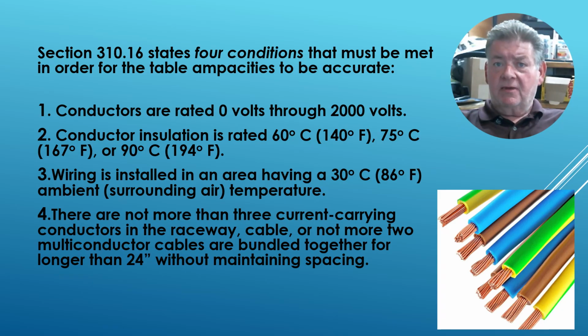Condition three, the conductors are installed in an area that has an ambient or surrounding air temperature of about 30 degrees C, which is 86 degrees Fahrenheit. And the fourth condition states that there are not more than a total of three current carrying conductors in the raceway, in the cable, or if you're going to be bundling more than two multi-conductor cables together for longer than 24 inches without maintaining spacing.